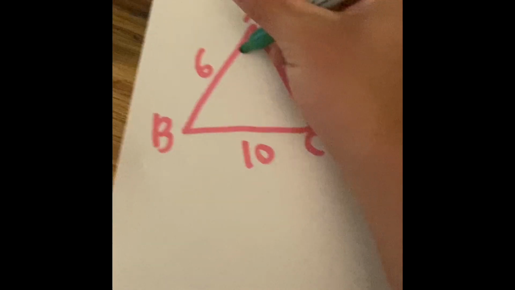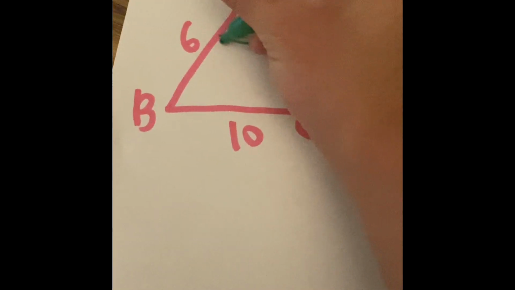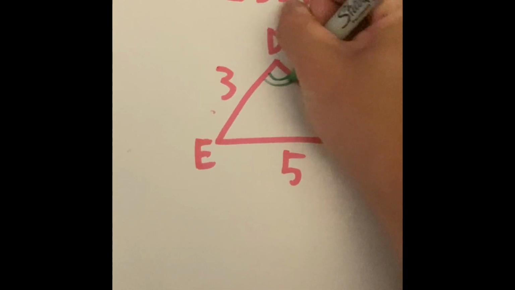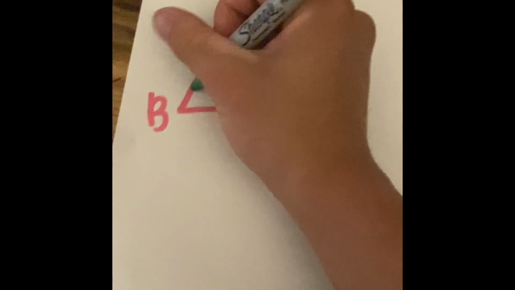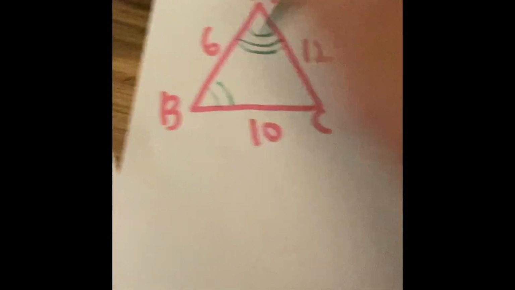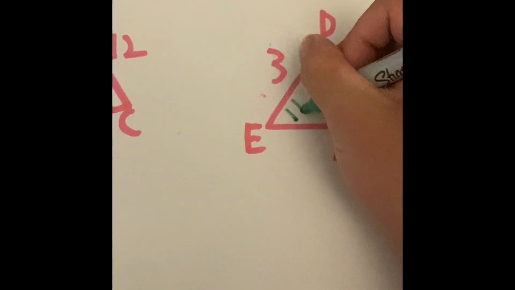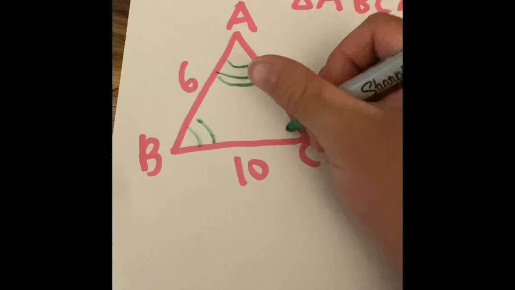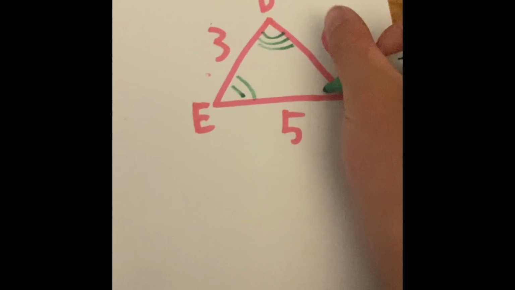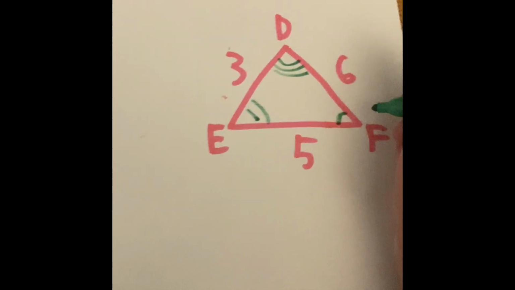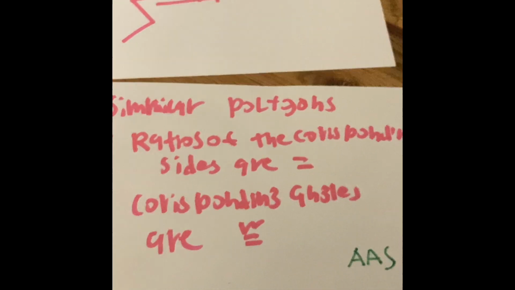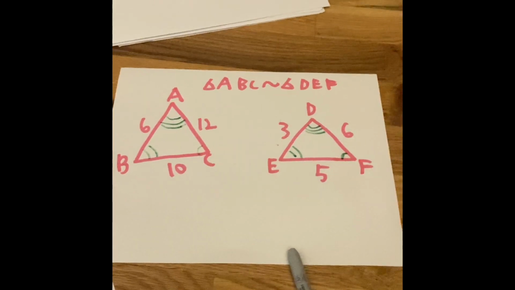So we're going to say that this right here, angle A, is going to be congruent to angle D. Angle B is going to be congruent to angle E. And angle C is going to be congruent to angle F. So just from AAS and also corresponding angles are congruent, that is going to be very, very helpful.